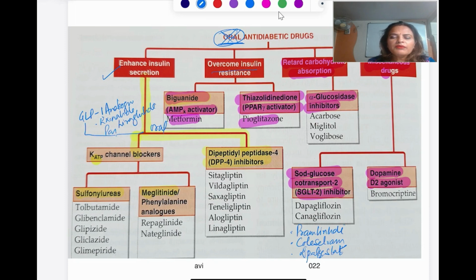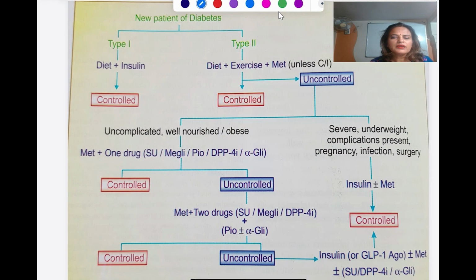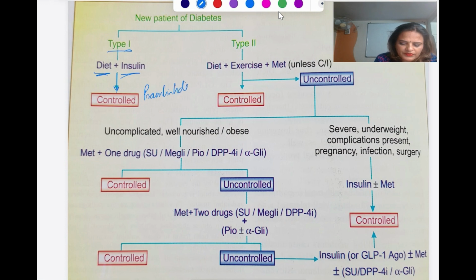Now, if any patient is diagnosed with type 1 or type 2 diabetes, how are we going to write these drugs, how do we go about that? Any patient diagnosed with diabetes, if it is type 1, diet and insulin. If it is controlled, it's okay. What is the other drug we can use for type 1? That is pramlintide.